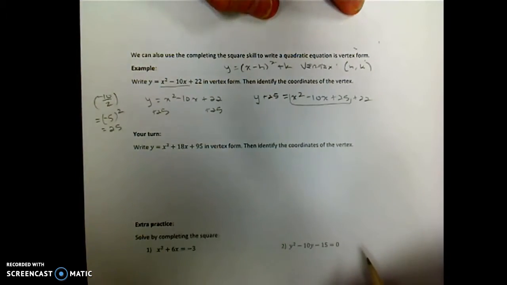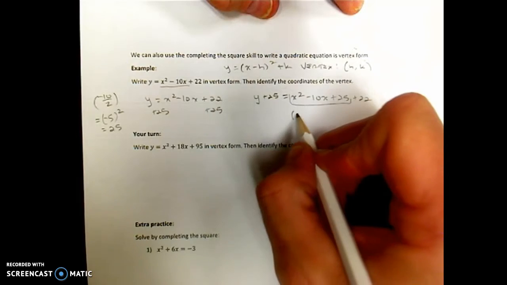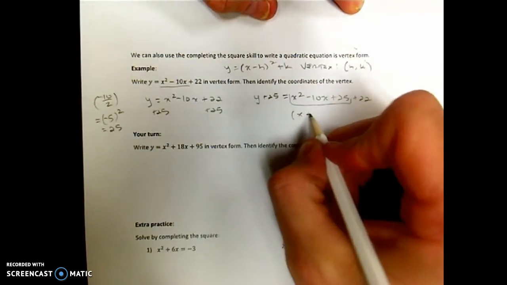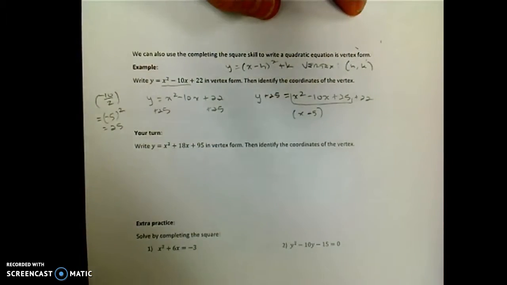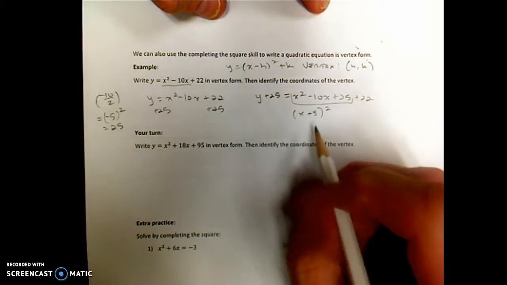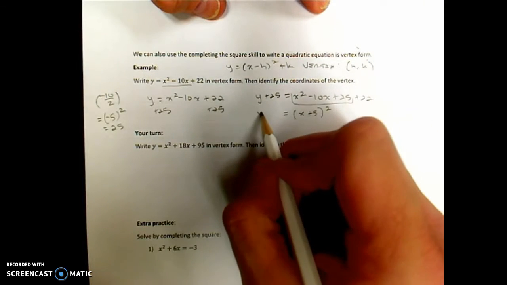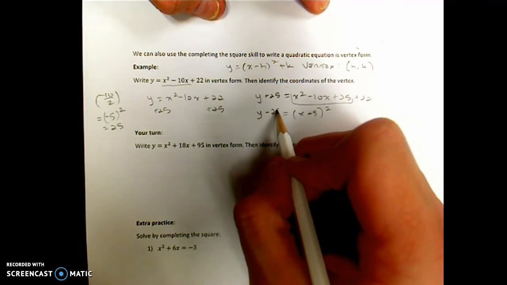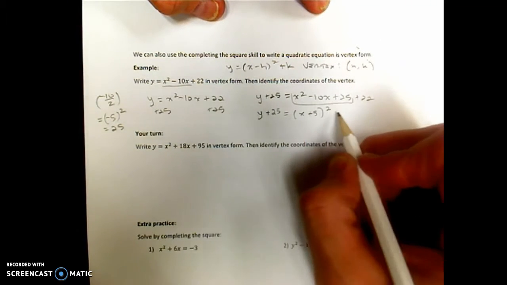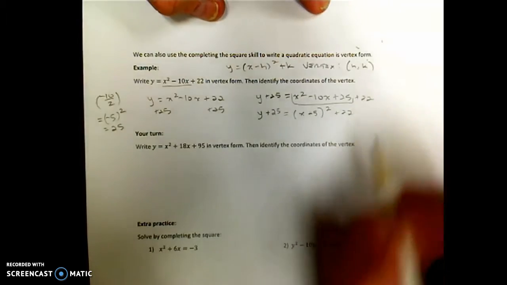This portion here now is a perfect square trinomial. So x squared minus 10x plus 25 we can rewrite as x minus 5 quantity squared. So now I've got y plus 25 equals x minus 5 quantity squared plus 22.